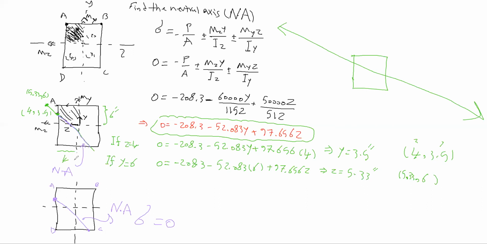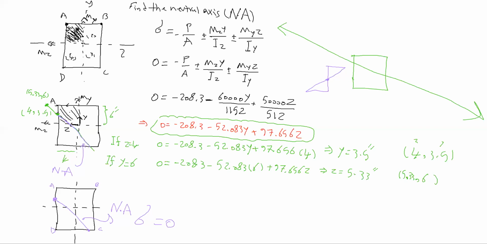Once we have both the moment in the direction of y and the moment in the direction of z, we have a line. But if we have the same problem as in the last lecture, with only one moment, that was very easy. We used just similar triangles, and the neutral axis is only this point, where the stress is 0.